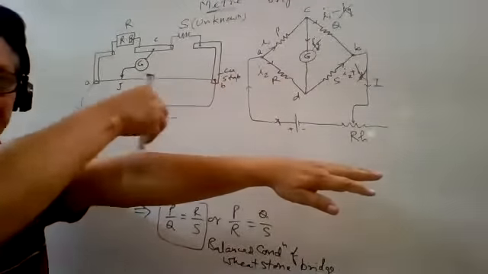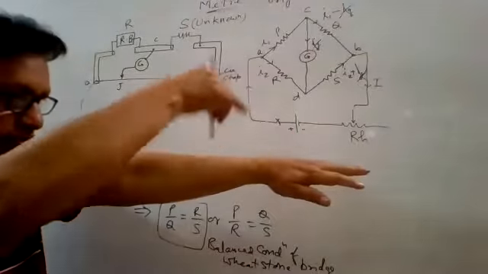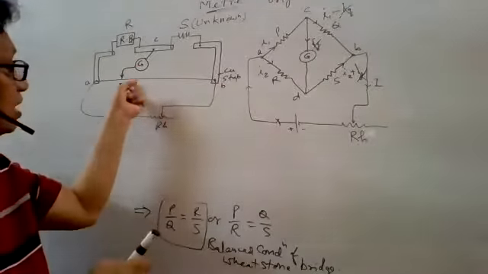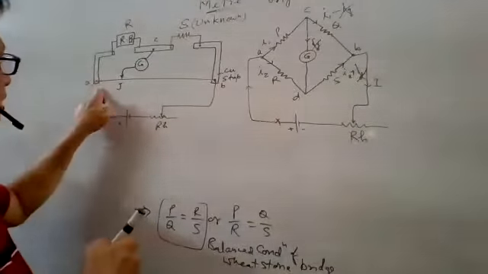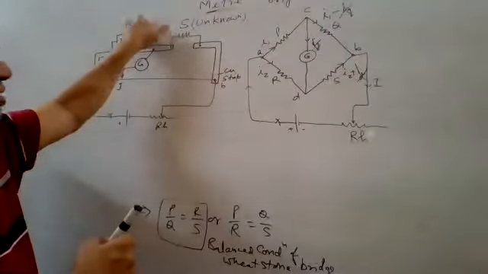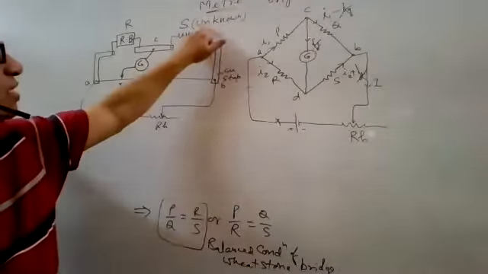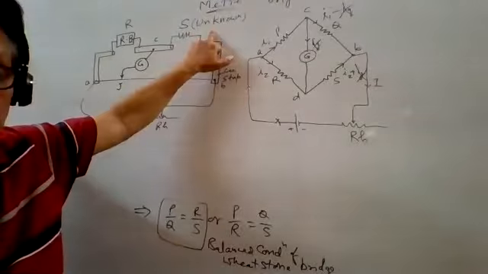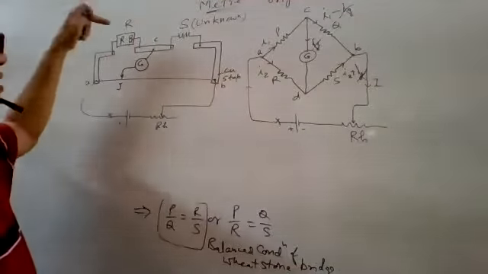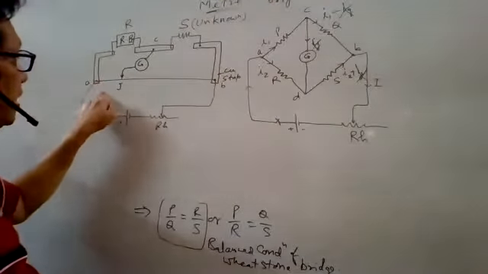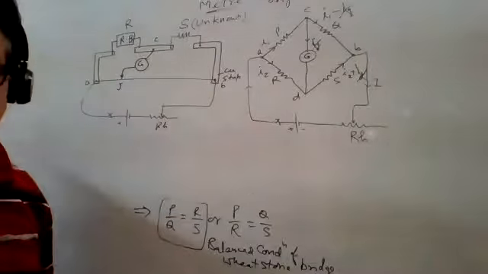At different points, if you touch it, the circuit will change. So this resistance and this resistance change. You can also change this resistance from the resistance box. We are not changing this one because it is a fixed value, so we can change only three resistances: R, and the resistances of the AJ wire and the JB wire.